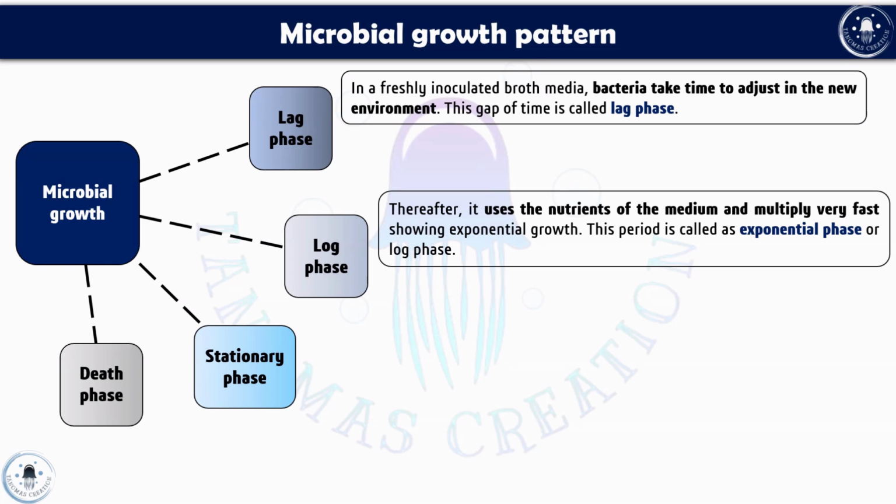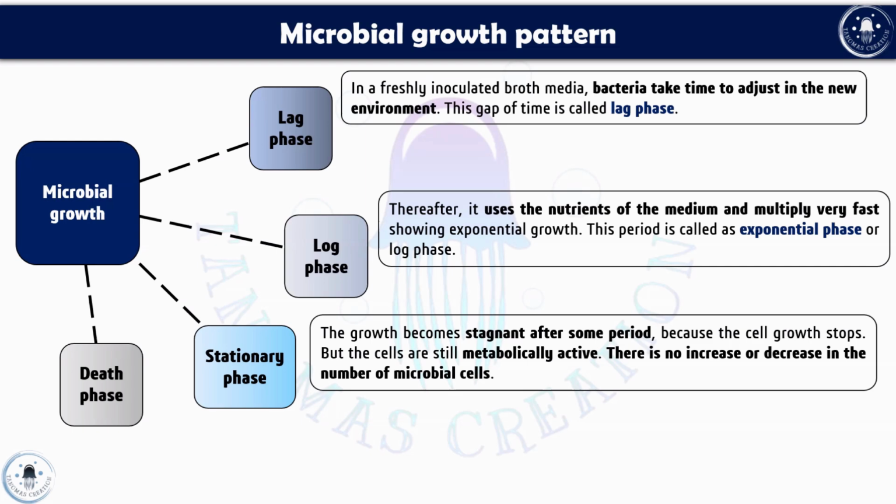This bacteria is ready to divide. So what it does in log phase, it uses the nutrients of the media and multiplies very fast, which shows the exponential growth. In the log phase only, the bacteria grow in the exponential form. Okay, it increases exponentially. This period is called exponential phase or the log phase.